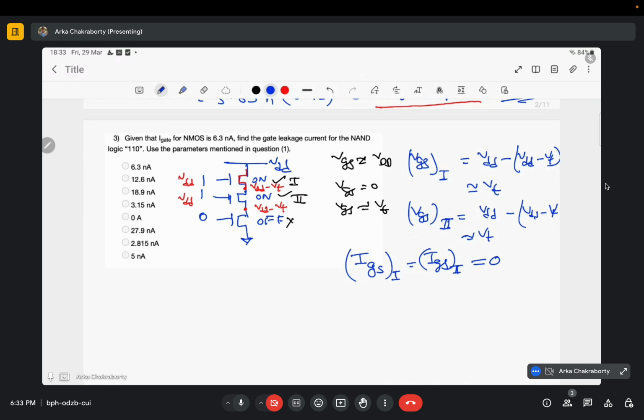Therefore my I gate is the sum of all the leakage currents, IGS1 plus IGS2, but as both are 0, it would be 0 plus 0 equals 0. So the answer is 0 ampere.